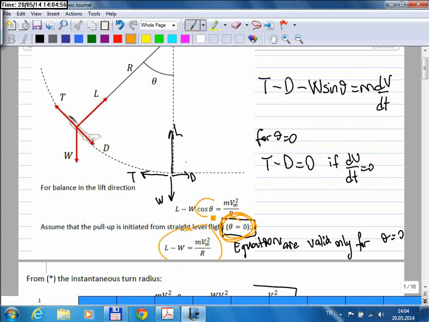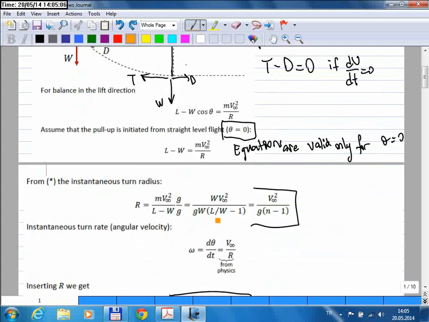The cosine theta term becomes 1, and from there you get lift minus weight equals mv squared over r. From that you can obtain an expression for the radius of turn, very similar to what we did earlier. We use again the load factor definition, and the derivation is given here.